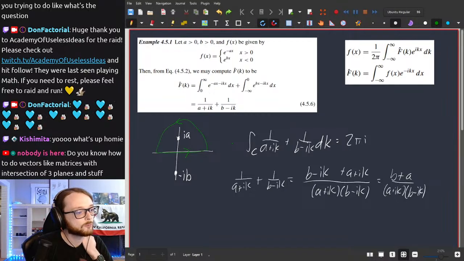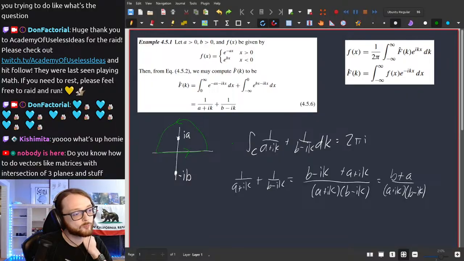Do you know how to do vectors? Sorry about my mic. With matrices, vectors like matrices with intersection of 3 planes and stuff. Yeah, I think I know what you're talking about there.